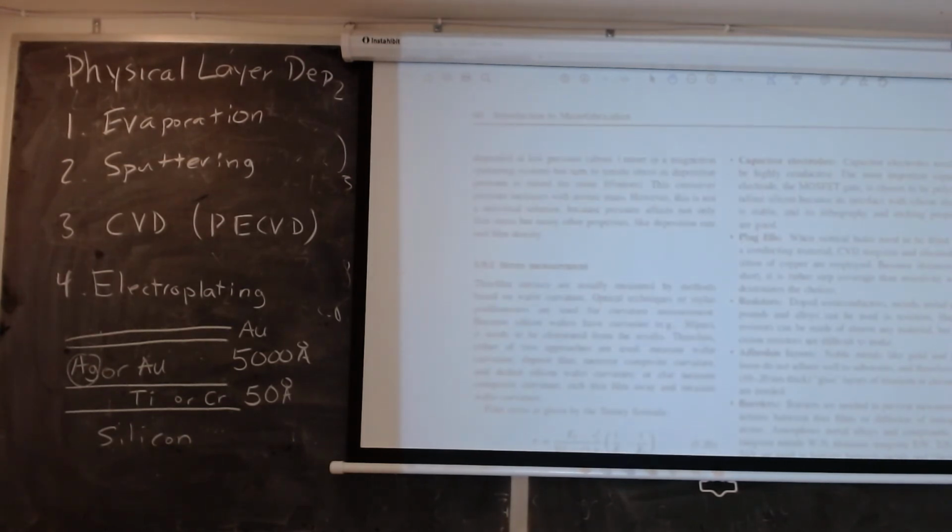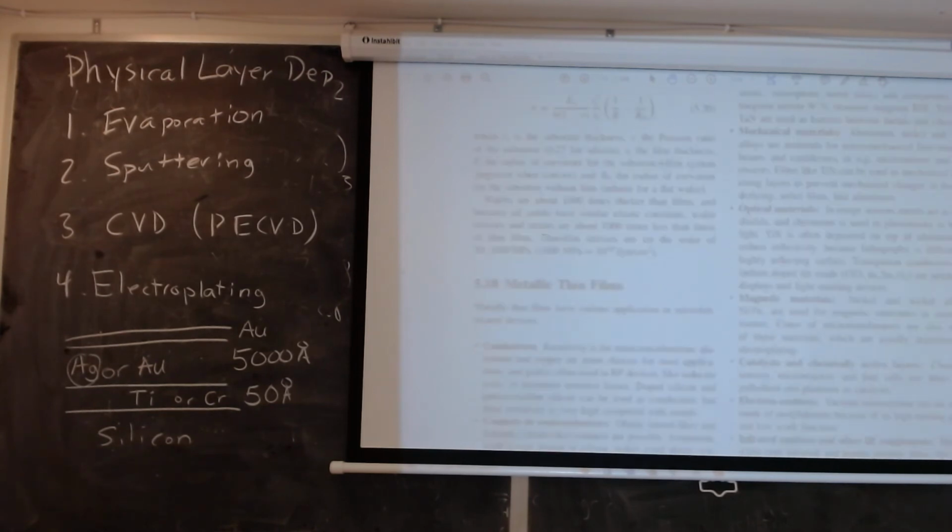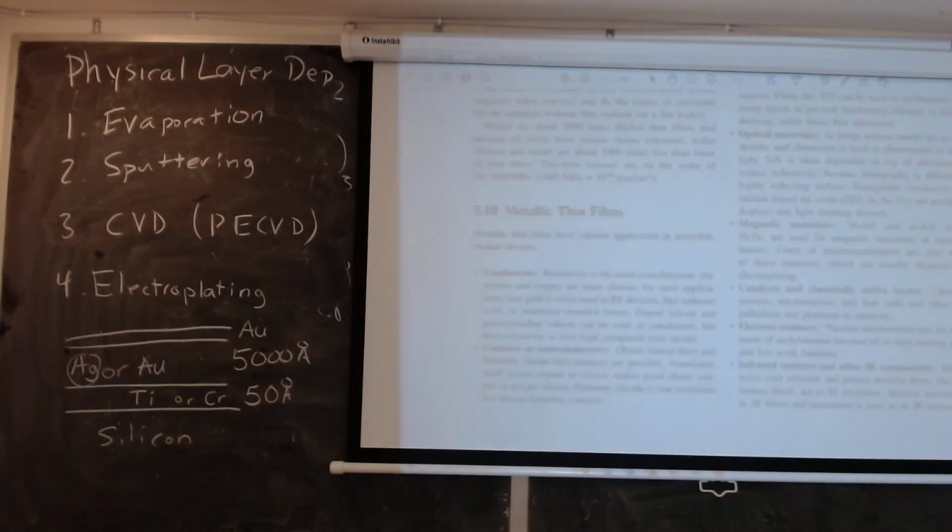But besides adhesion layers and conductors, meaning electrodes, and there's optical materials, as we've discussed, particularly things like anti-reflection coatings and stuff like that. Besides what we've discussed, there's contacts.